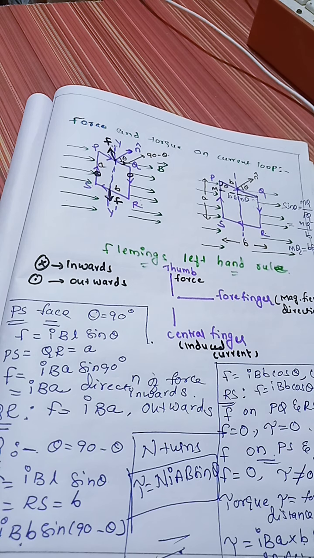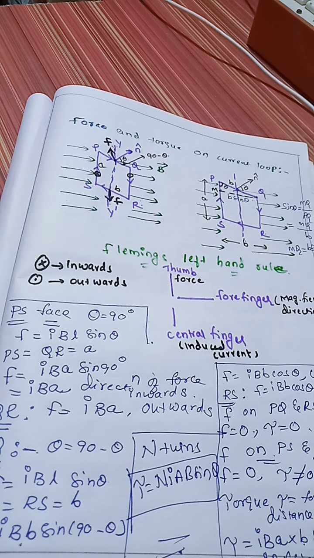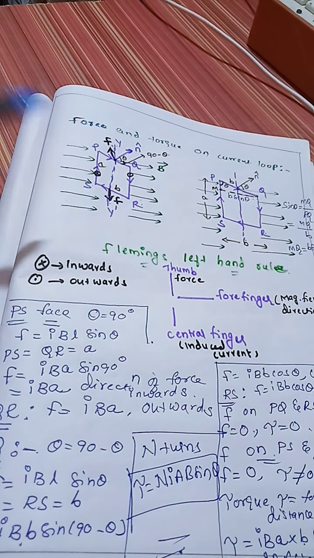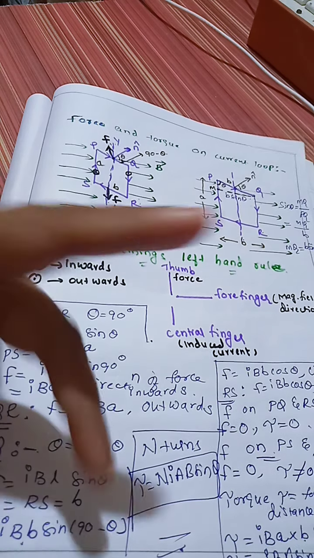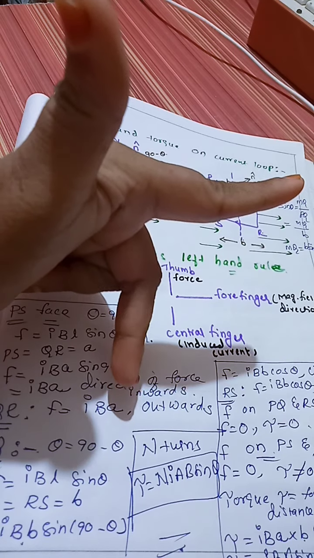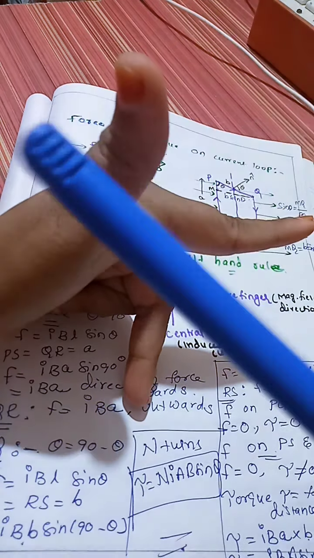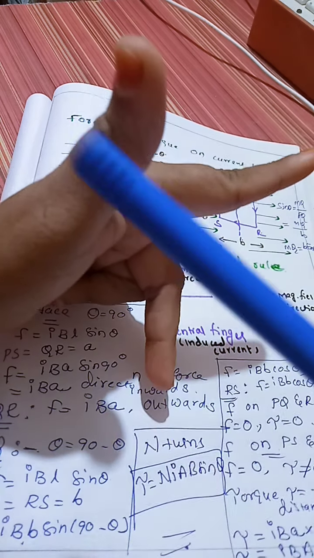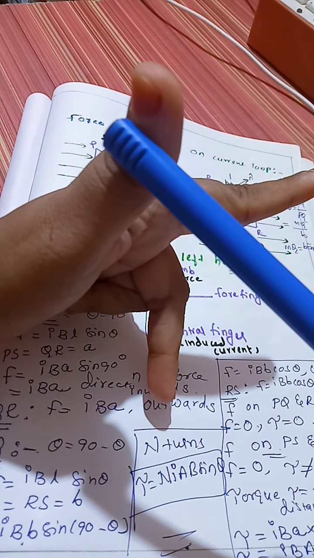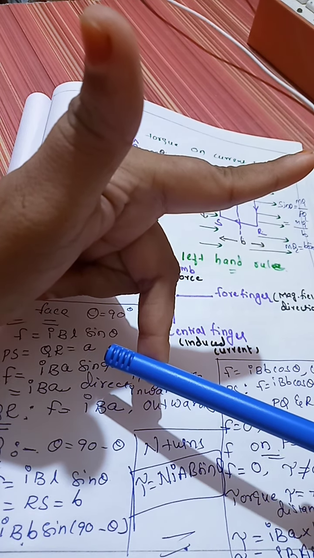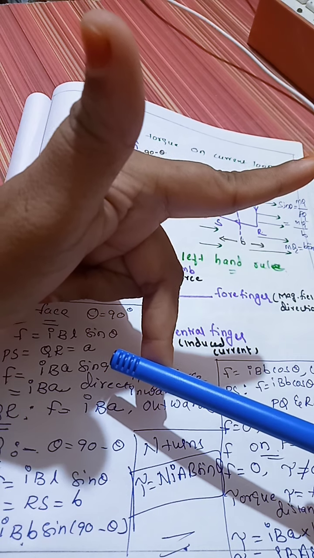Now let us find the direction of this force. For that we are using Fleming's left hand rule. According to this rule, if we stretch the three fingers of the left hand, the thumb, forefinger and central finger, then the thumb indicates the force, forefinger the field direction and central finger the current direction.